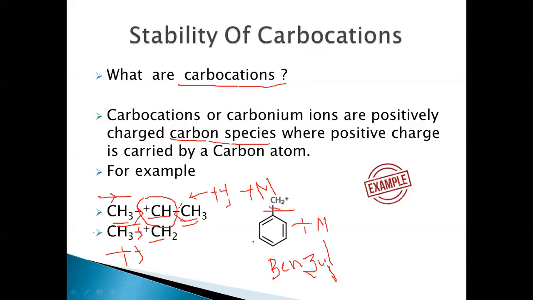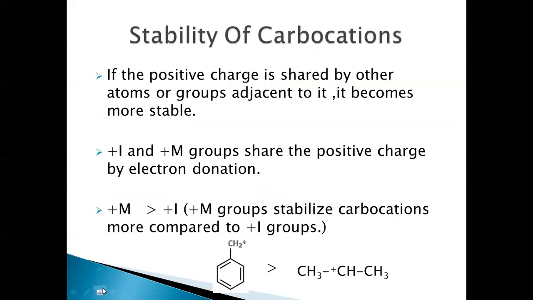It will donate electrons onto the carbon species and thus share its positive charge by means of delocalization. And the mesomeric effect, we already know, is stronger than the inductive effect. This benzyl carbocation is more stable than the carbocations where there are only inductive effect groups present here.